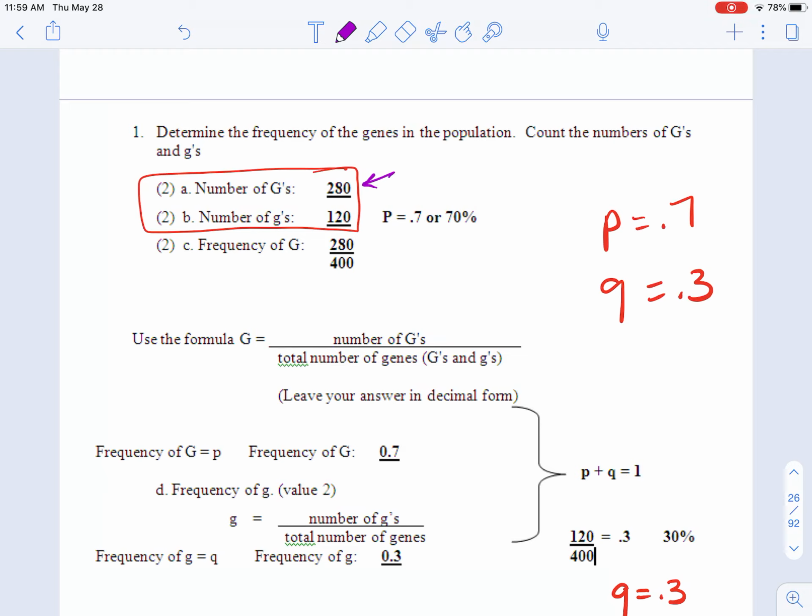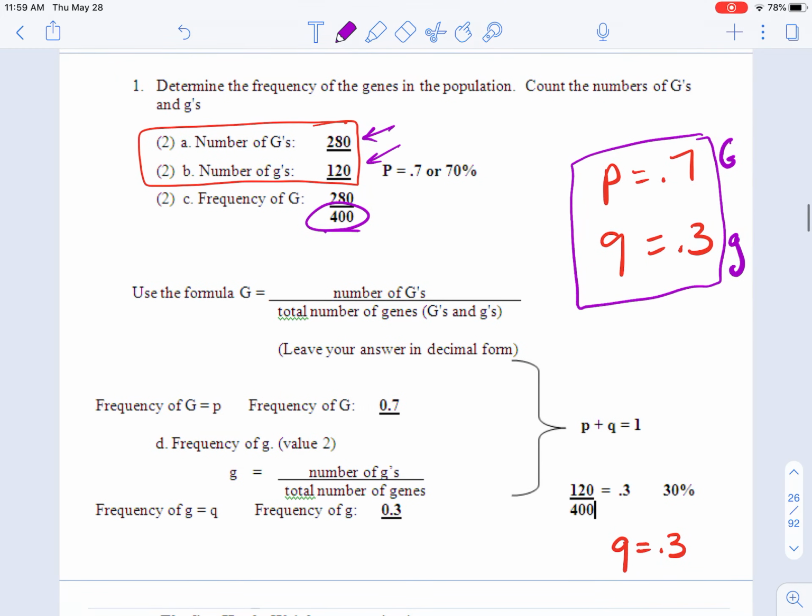If someone said, I have 280 dominant alleles and 120 recessive alleles, if you put that over the 400 alleles that there are, that's how it would calculate to 70% Ps and 30% Qs, 70% dominant alleles and 30% recessive alleles.